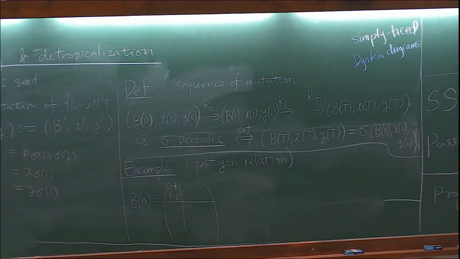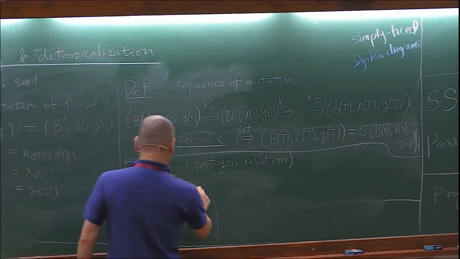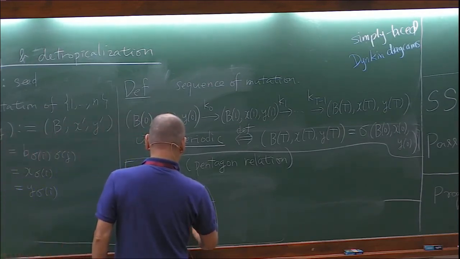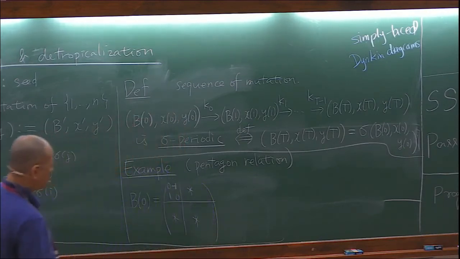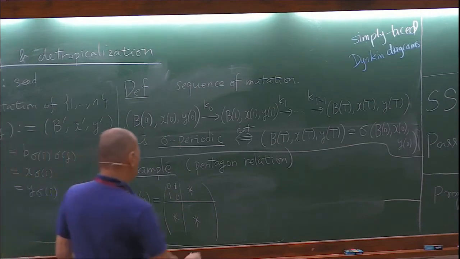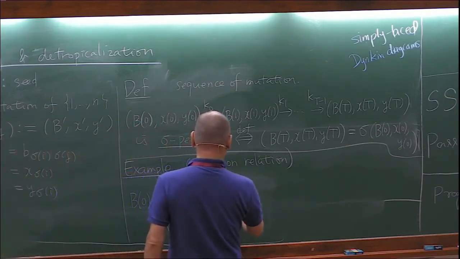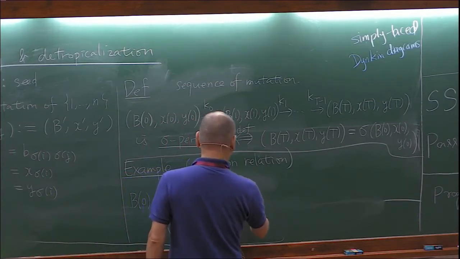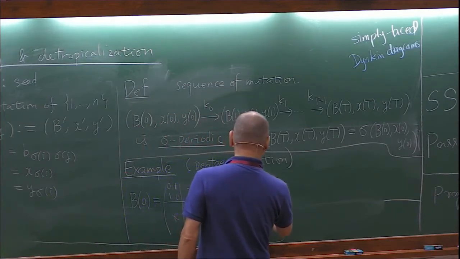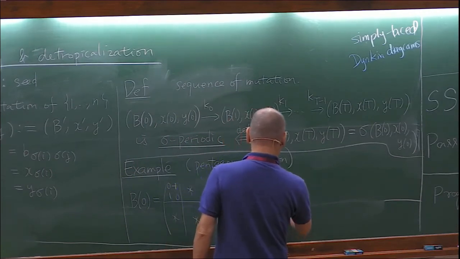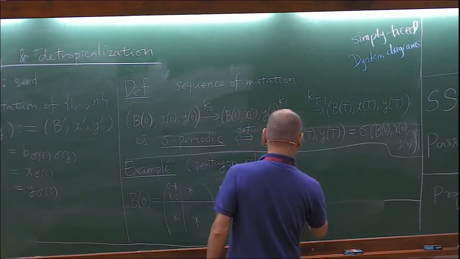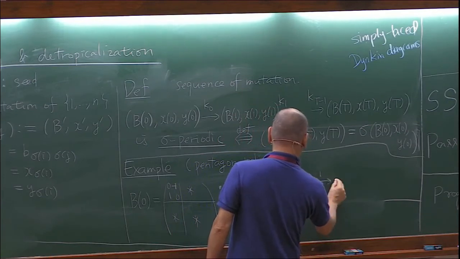So this is type A2, and everything else is anything, as long as it is skew-symmetrizable. And we make a mutation starting from your seed at t0, say, mutation at 1, 2, 1, 2, 1.